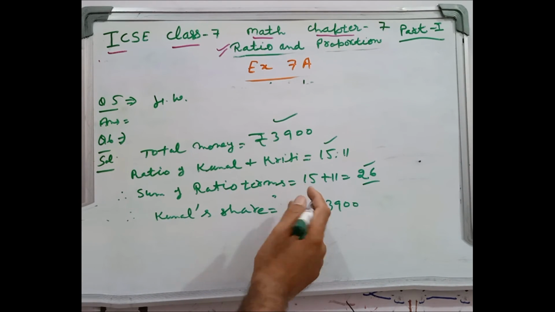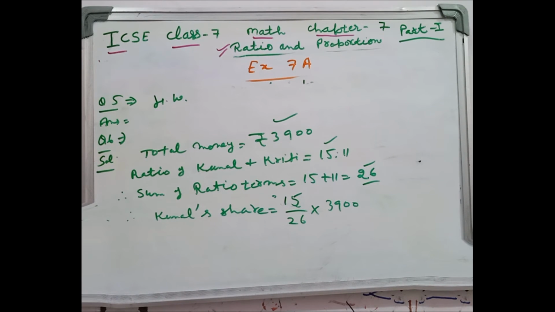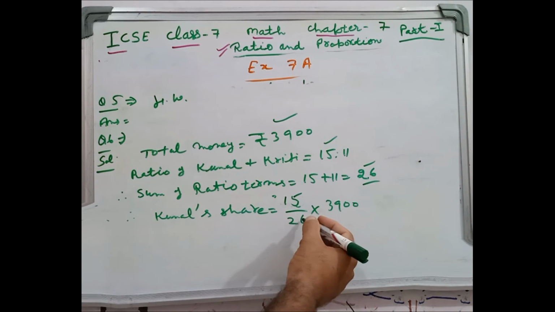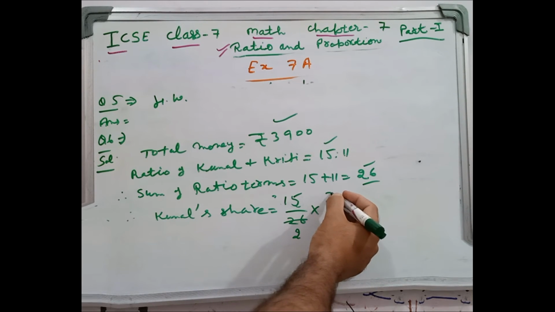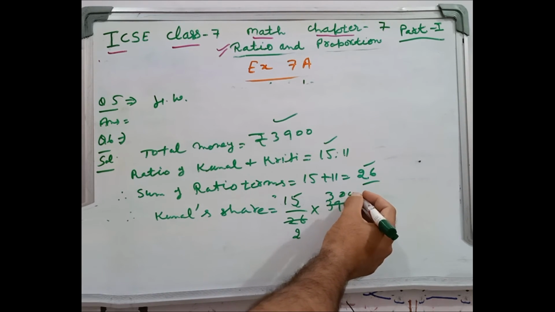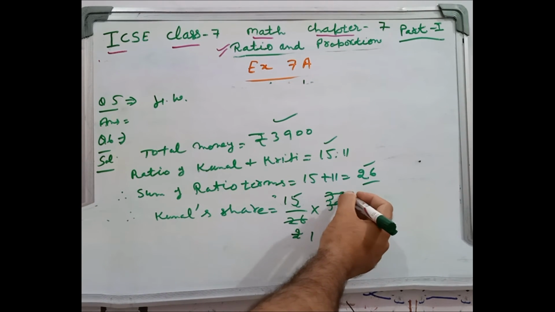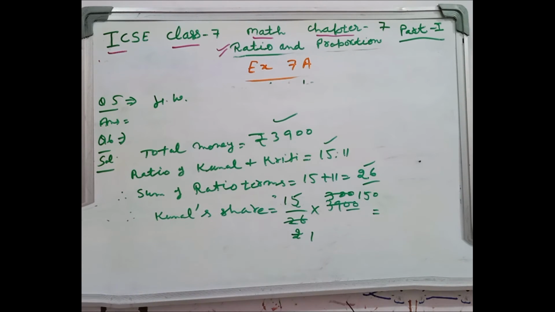So we divide: 13 into 2 is 26, 13 into 3 is 39. So 13 2s are 26, 13 3s are 39. This gets to 0. 2 into 1 is 2, 2 into 150 is 300.